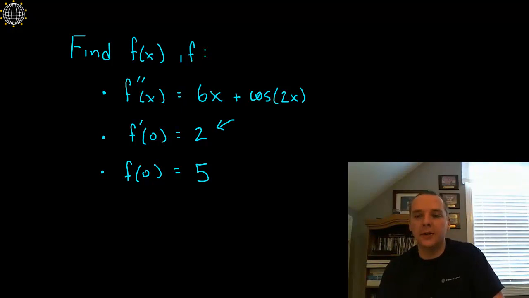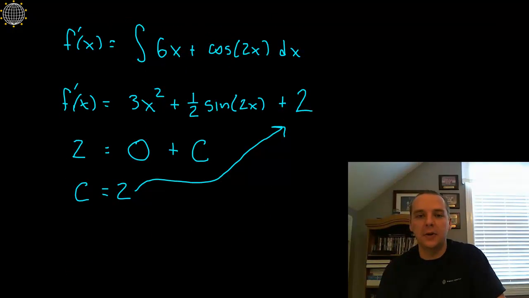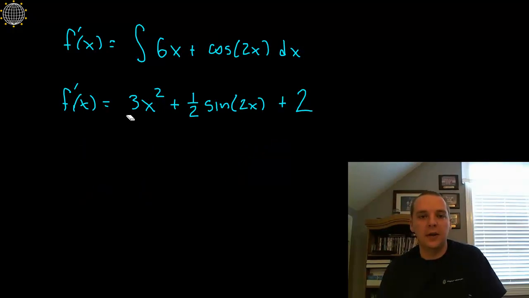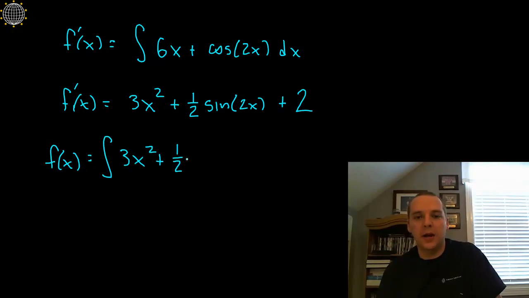Its initial condition is f of 0 needs to be 5. So I think I might just erase this now that we're done finding the c value. We'll just start right here. Little f of x will be the integral of this guy, 3x squared plus 1/2 sine of 2x plus 2 dx.